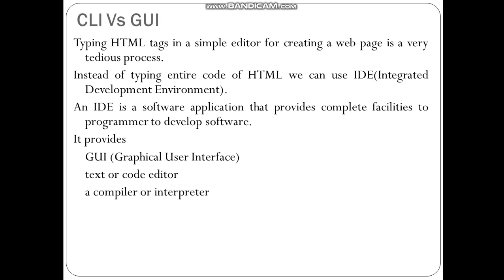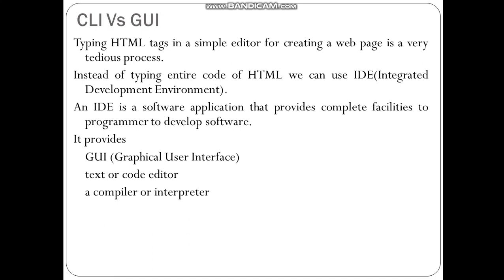A compiler or interpreter, because HTML is a language, so whatever coding is there, the browser needs to understand that coding. For that, there are two different programs available: compiler and interpreter.